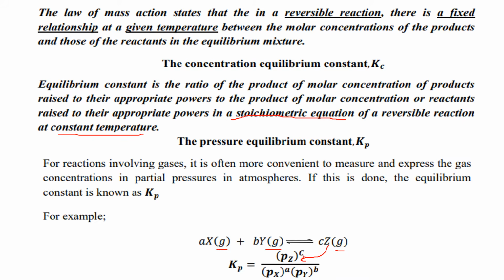That formula carries around 1 to 1.5 marks. So it is the pressure of Z, raised to its stoichiometric power C, divided by the partial pressures of the reactants X and Y, each raised to its stoichiometric coefficient or power in the given equation. We are going to look at this in more detail in the calculations.